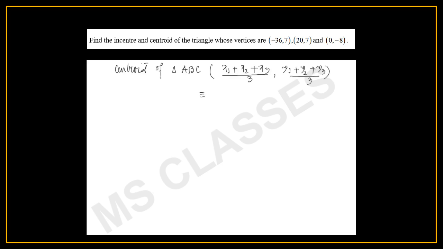Now we can just substitute the values because the points are given. So you can see (-36 + 20 + 0) / 3, comma, (7 + 7 - 8) / 3. So you get the centroid as (-16/3, 6/3). So that gives us (-16/3, 2).